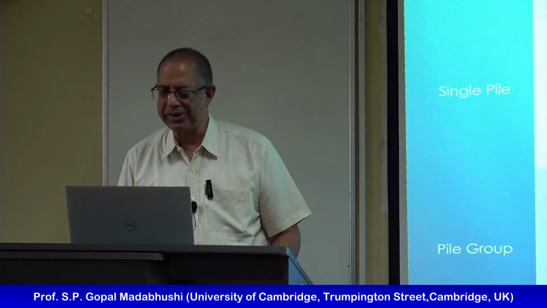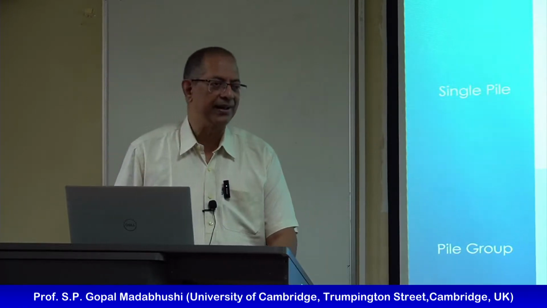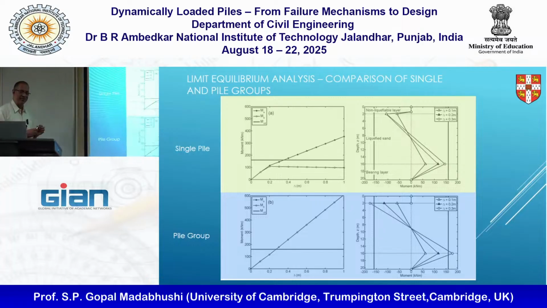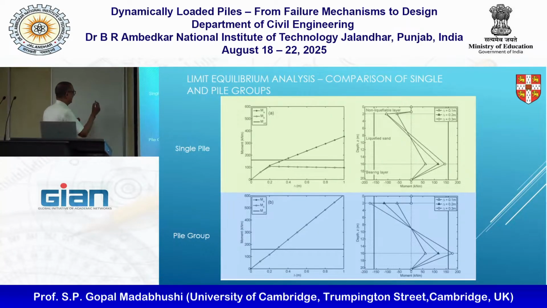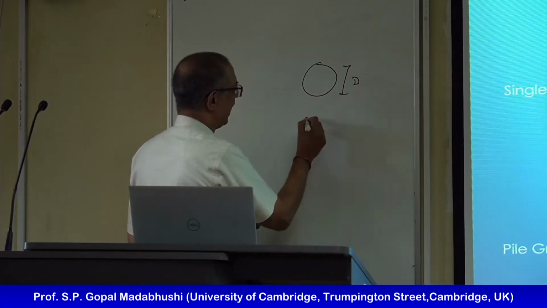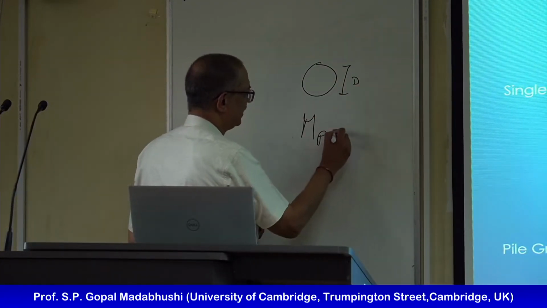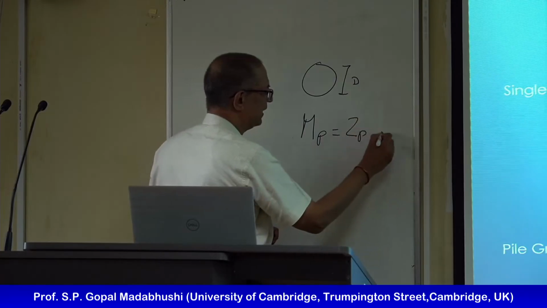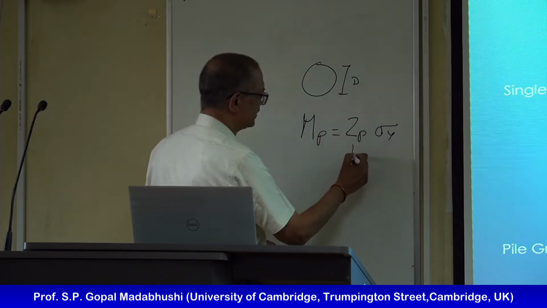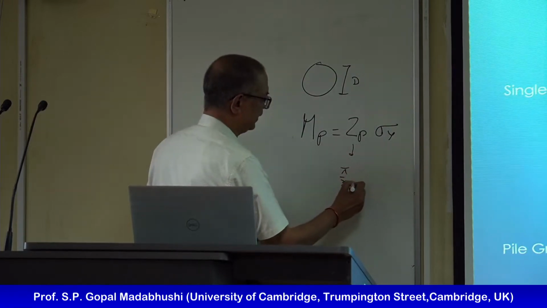Now, all this looks great, but all we have done there is mechanics again. But those mechanics are underpinned by expertise, maybe. For a circular section of diameter D, MP is going to be ZP times yield stress. And for a circular section, ZP is pi by 32 D cubed, I think.